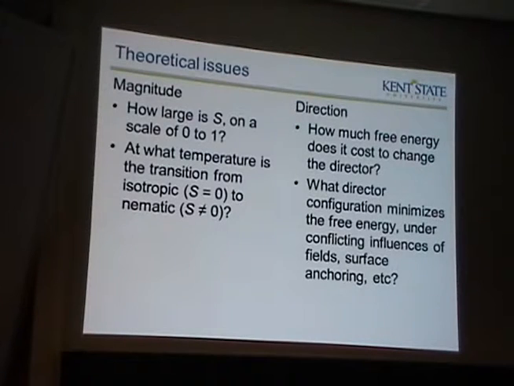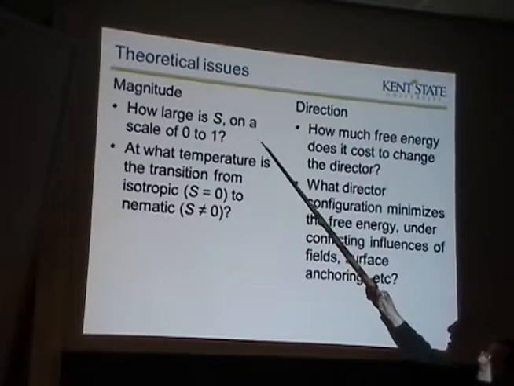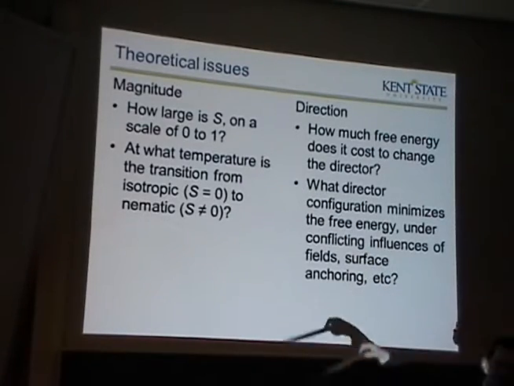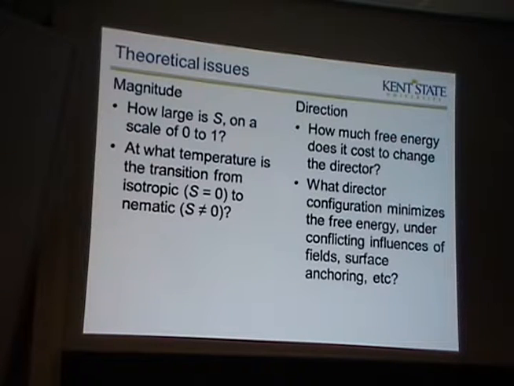And so, specific questions that you might ask concerning the magnitude and direction. For the magnitude, you might start with, how large is S on a scale of 0 to 1? If you know the temperature and you know the interactions between the molecules, how would you calculate how well ordered the liquid crystal phase is?